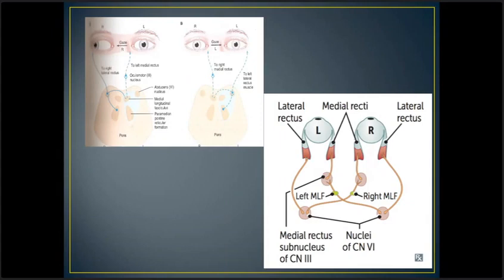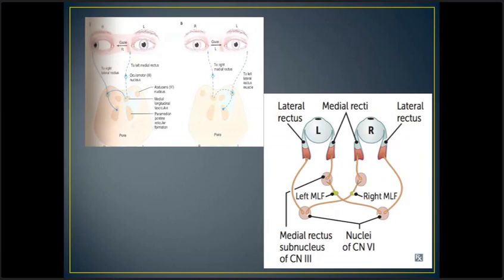Anatomically, the medial longitudinal fasciculus passes upward from the pons to the midbrain in the medial part of the right and left pons. So they pass together, right and left, near to each other. One plaque of demyelination can cause bilateral internuclear ophthalmoplegia. So bilateral internuclear ophthalmoplegia can give a hint.